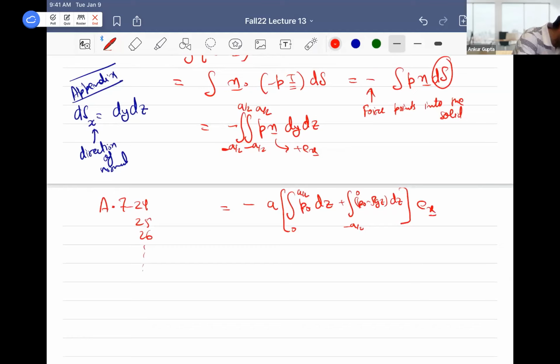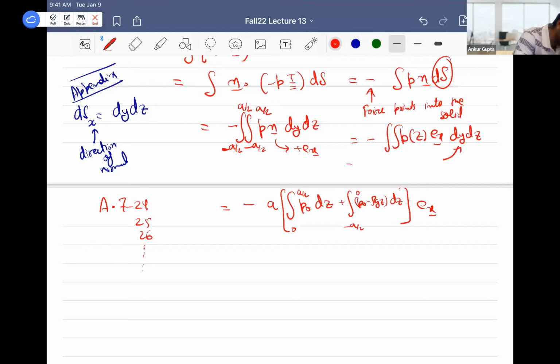Sure. What is happening is I skipped a step. Remember this is a function of z, and then I have ex dy dz. I can take this integral separately because nothing else is a function of y.